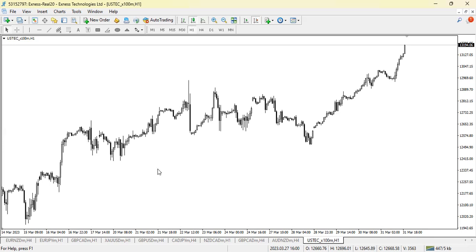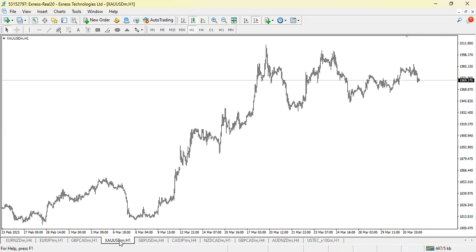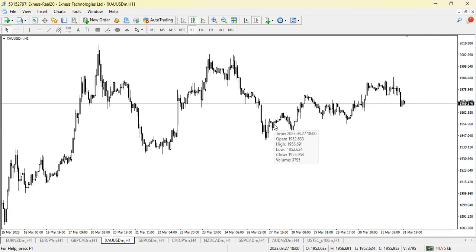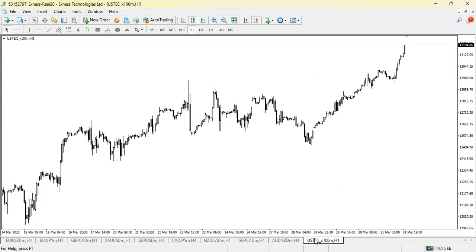We can check whether gold was also going up. When you look at gold on the one hour time frame, the same way as with NASDAQ, you can see that gold on Friday was going down. NASDAQ was going up. So most of the time you will find NASDAQ going up, gold going down. They move in the opposite direction.